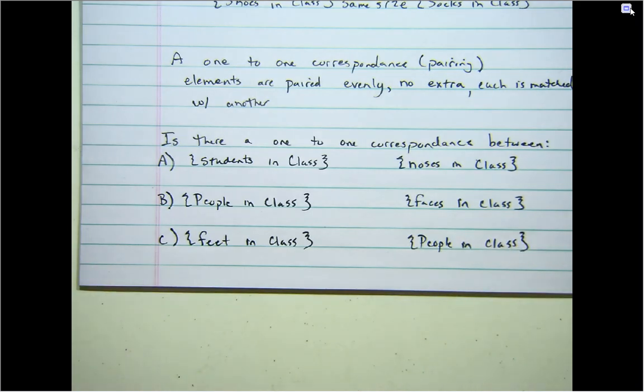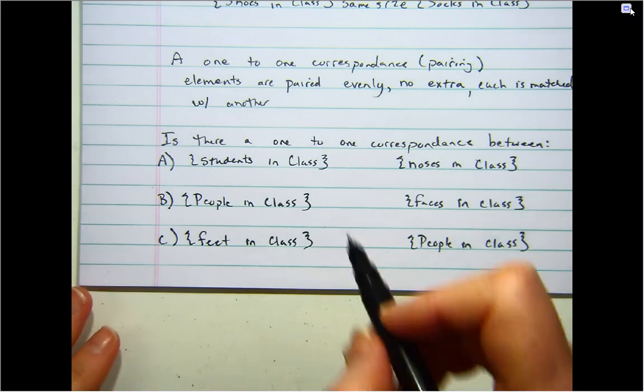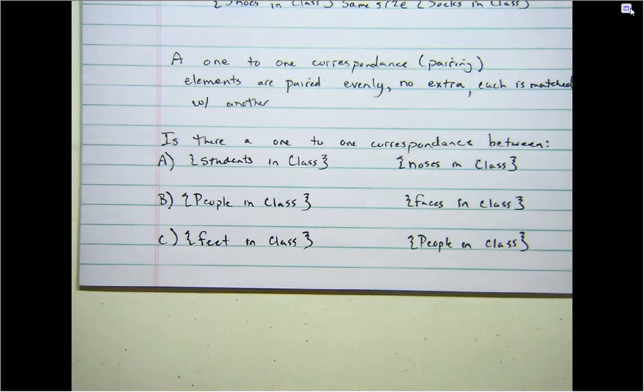So go through A, B, and C and decide, is there a one-to-one correspondence between the two sets in each case, please? By the way, these are all good quiz questions too.